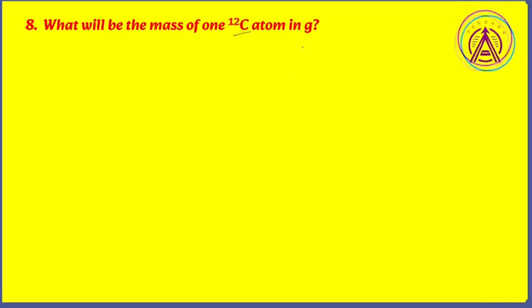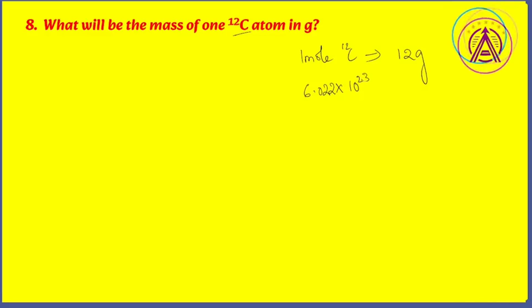So we had given that 1 mole of carbon 12 is nothing but 12 grams. Now, we know in 1 mole how many particles are there. There are Avogadro number of particles, which is 6.022 into 10 to the power 23 carbon atoms that have a mass of 12 grams.